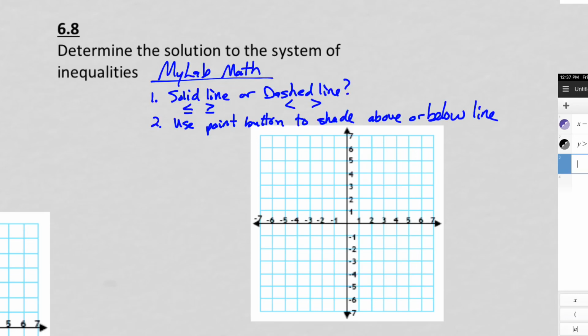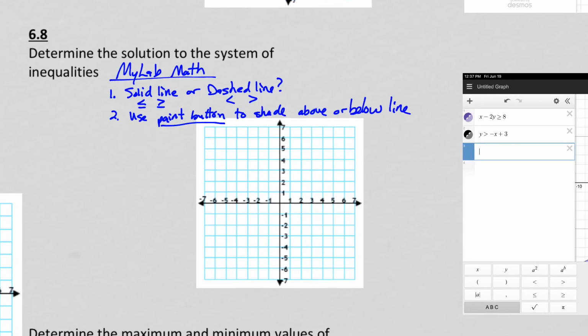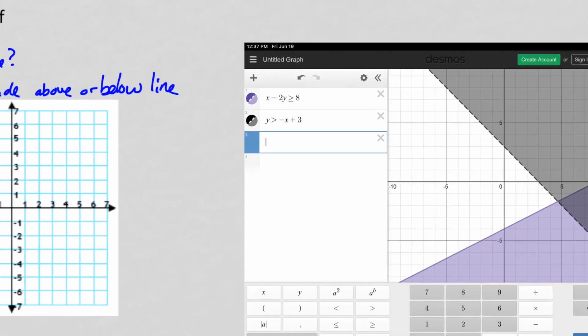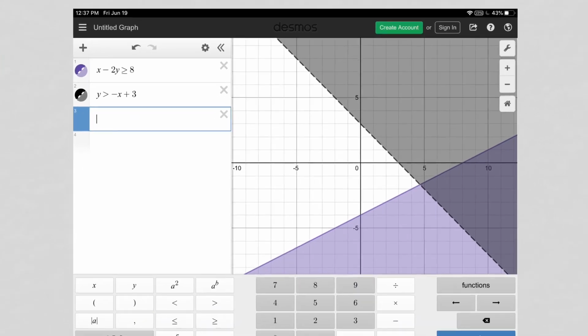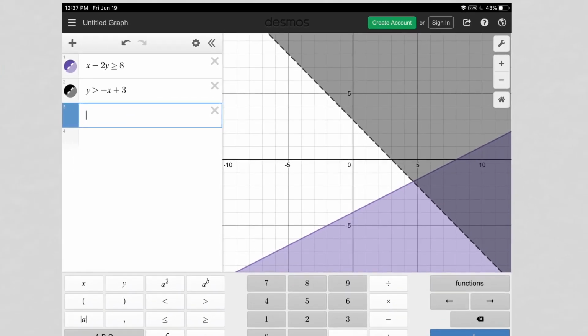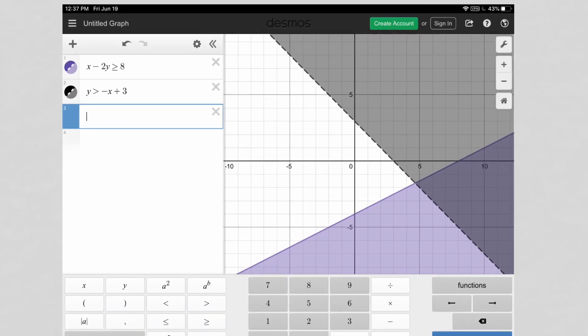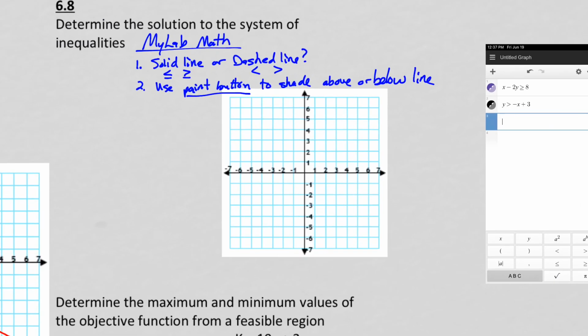So use the paint button. Okay. Desmos, once you type the inequality, it knows to shade above or below. It also knows if it's solid or dashed.